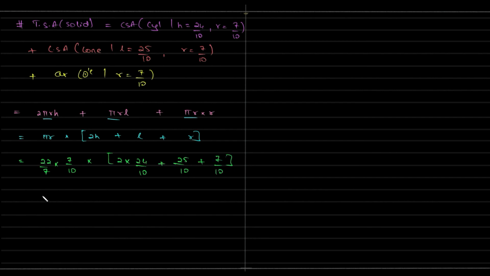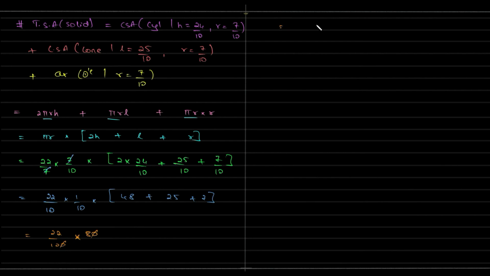Okay, so we have 7 and 7 getting cancelled, and tens in the denominator. So 22 by 10 into 1 by 10. So this is 48 plus 25 plus 7. Right, simple addition. So this is 22 by 100 into 48, and 7 is 55, 60, 80. 80 by 100, so 0, 0 gets cancelled.